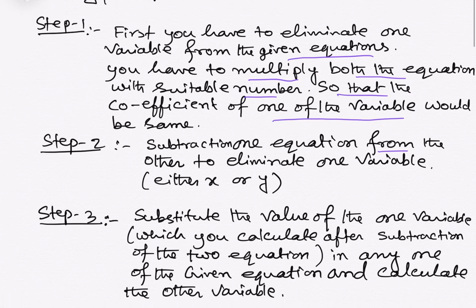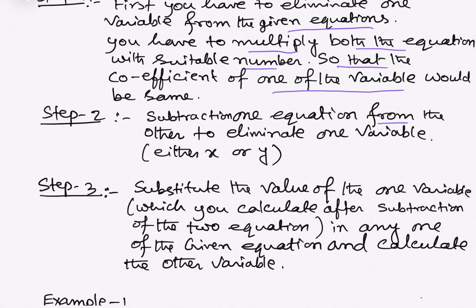Then you apply step 3: substitute the value of the variable you calculated after subtraction into any one of the given equations, and then calculate the other variable's value. So first you apply step 1, then step 2, then step 3.